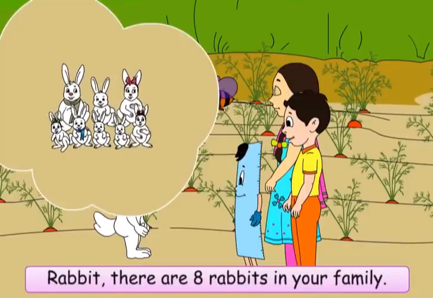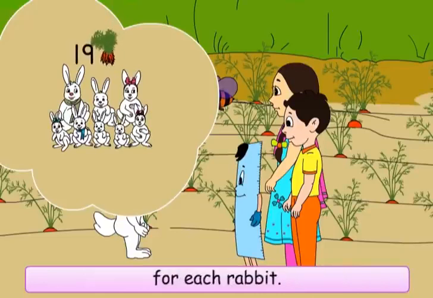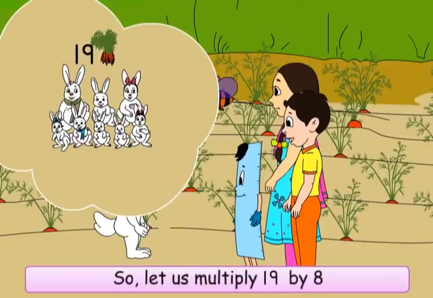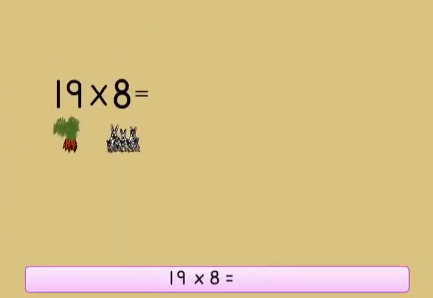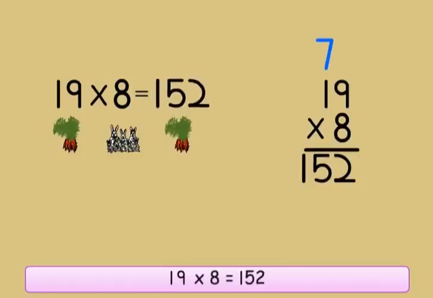Rabbit, there are 8 rabbits in your family. Your answer was 19 carrots for each rabbit. So, let us multiply 19 by 8. 19 into 8 equals 152.